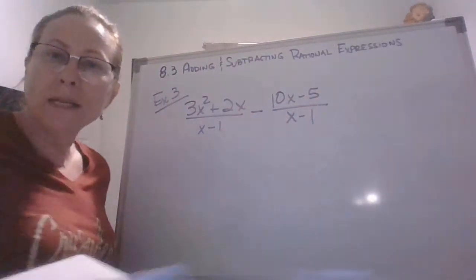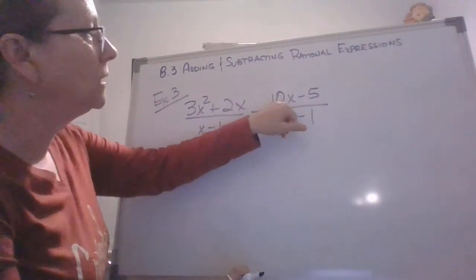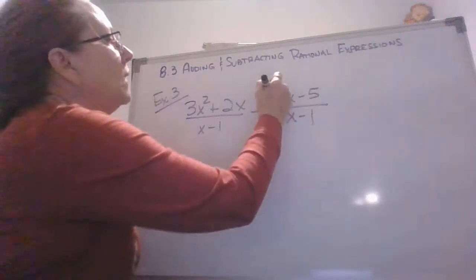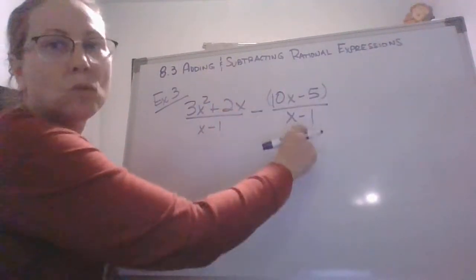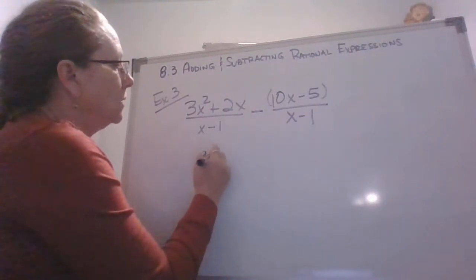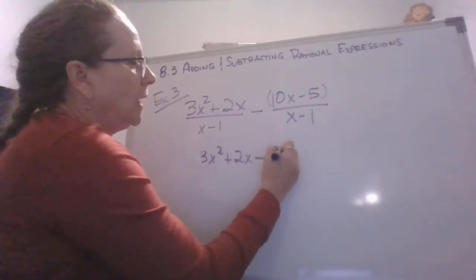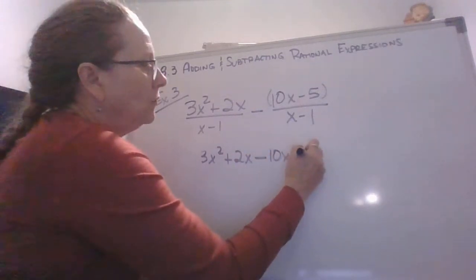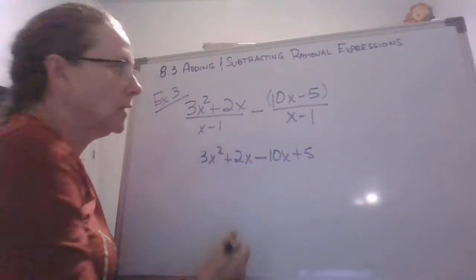Well, when we're subtracting, we're not just subtracting the 10x, we're subtracting 10x minus 5. So imagine there's a parentheses around there. The negative has to be distributed to both terms. So 3x squared plus 2x minus 10x plus 5. So both signs changed, not just the 10x.